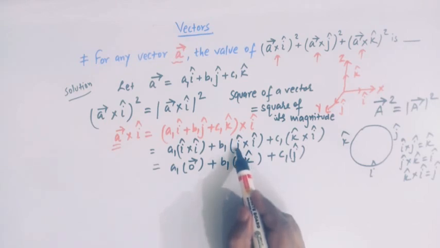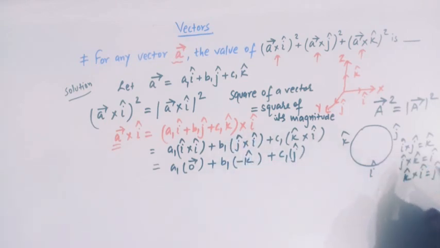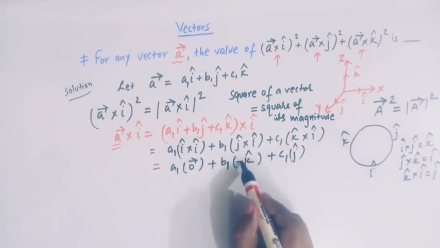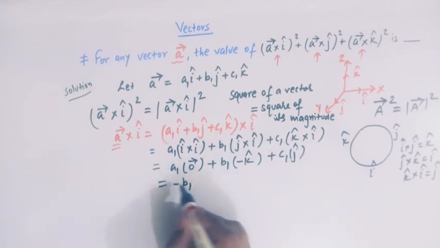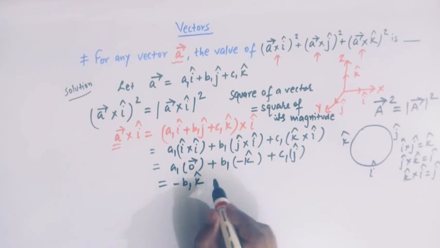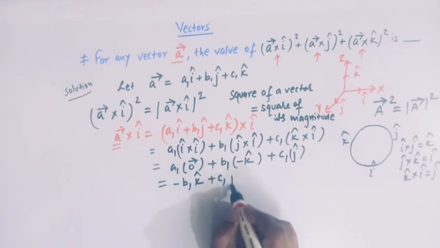So here we have j cap cross i cap, and when we reverse these two vectors, then there will be a negative sign over here, that is, here we have minus k cap, right? So now this vector becomes minus B1 k cap plus C1 j cap.